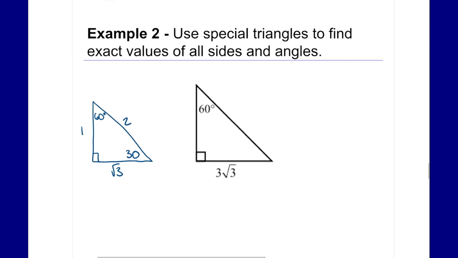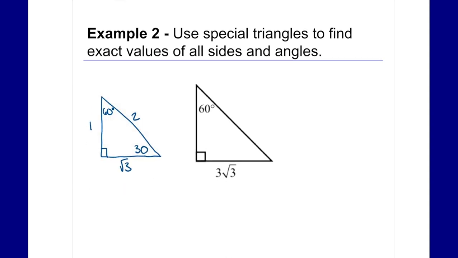So now that I have my base triangle, I can look to see by what factor it increases. Going from root 3 to 3 root 3, I've multiplied it by 3. So I've increased this side length by a factor of 3. In order for all the angles to stay the same, I need to increase each other side by a factor of 3 as well.